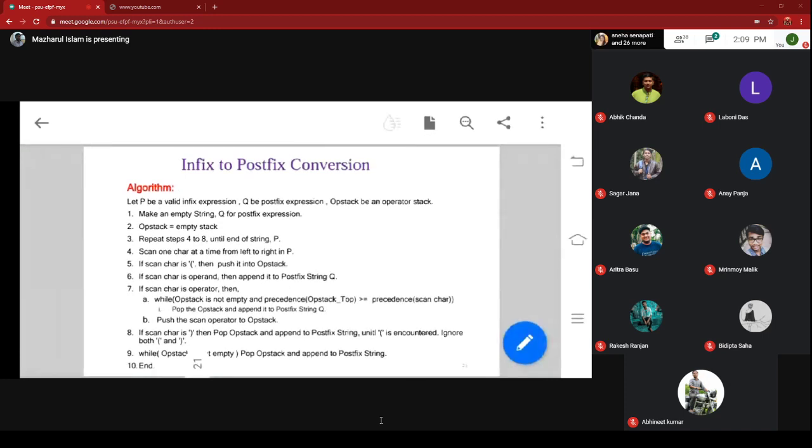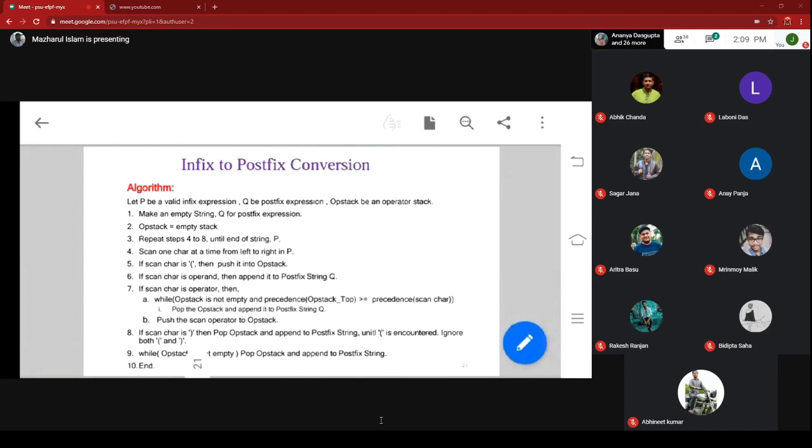If your scanned character is an operand, operand means 2, 3, A, B, you will append it to the q string.